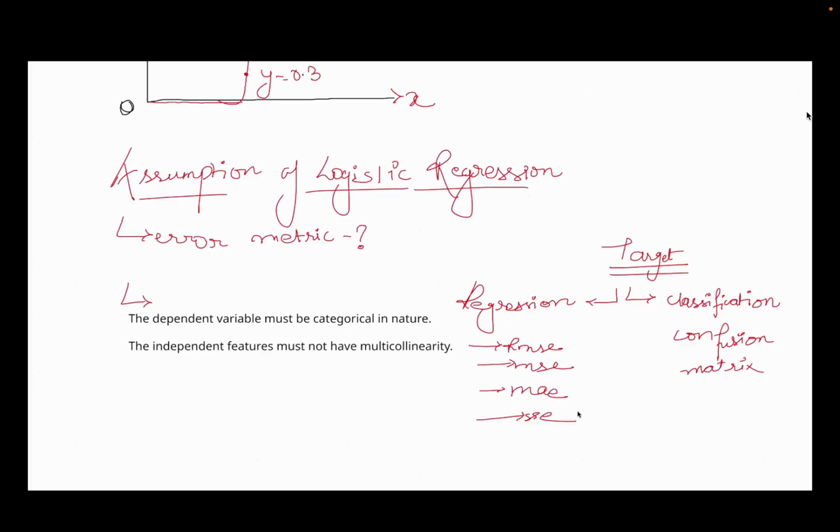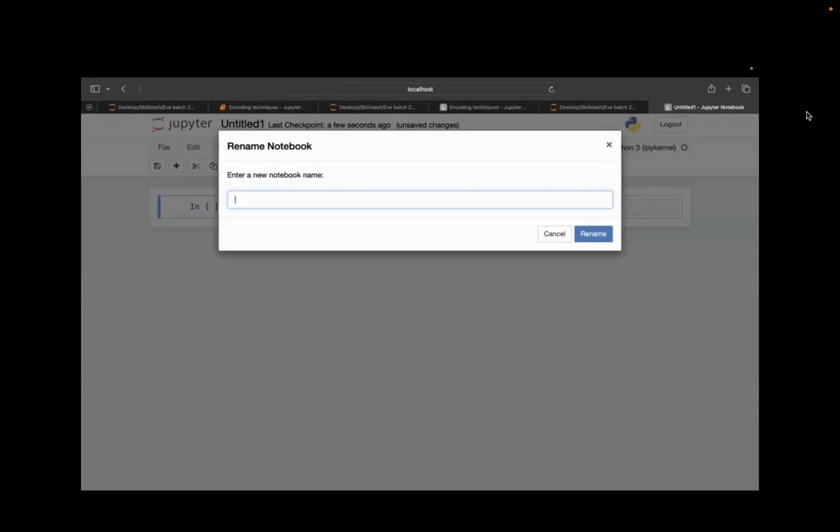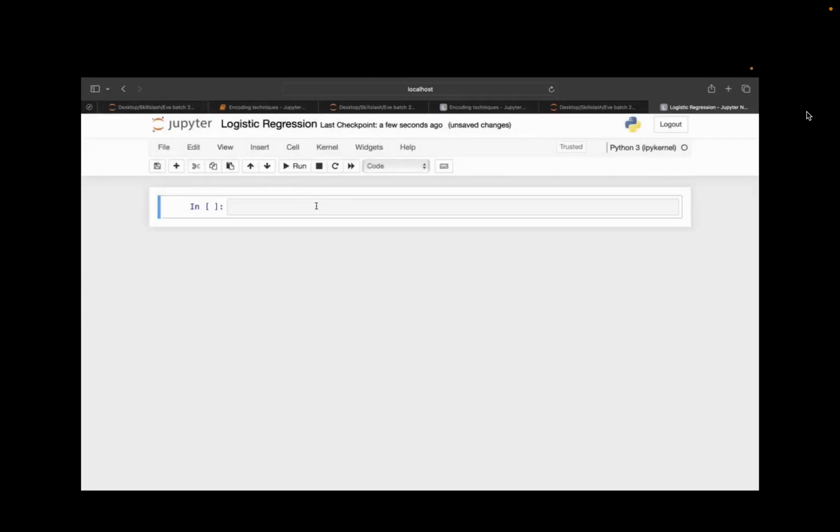Okay, so what we can do is, let's quickly write the logistic regression. Importing the data set.